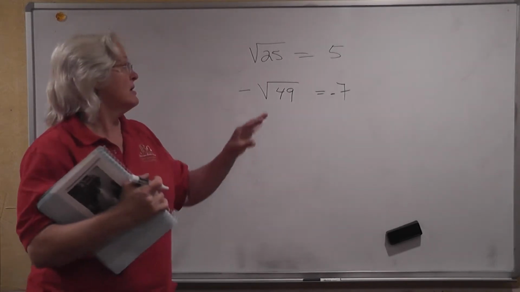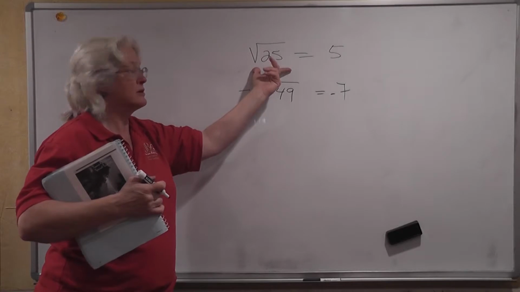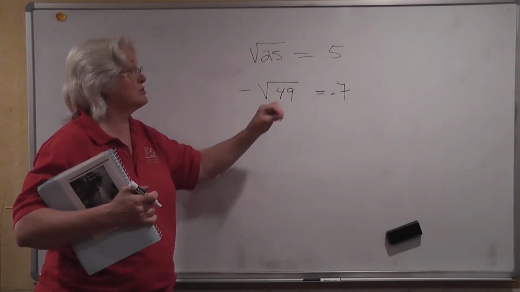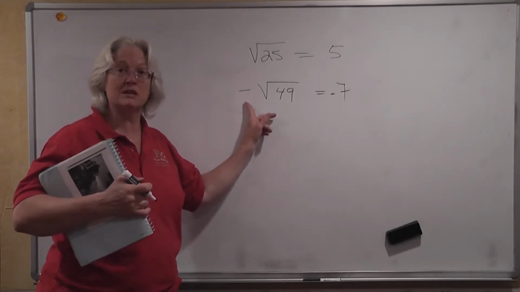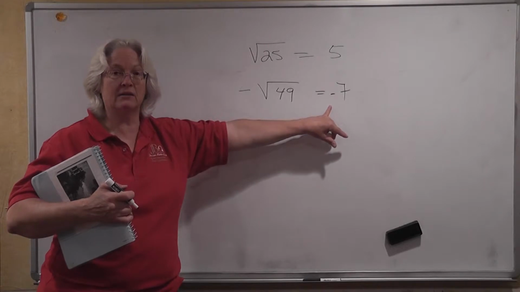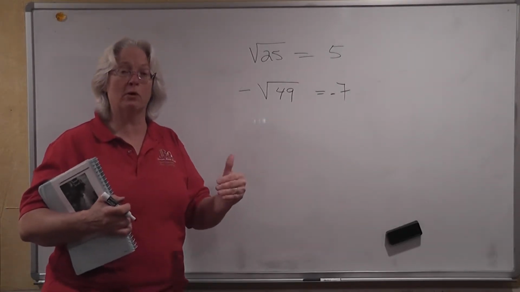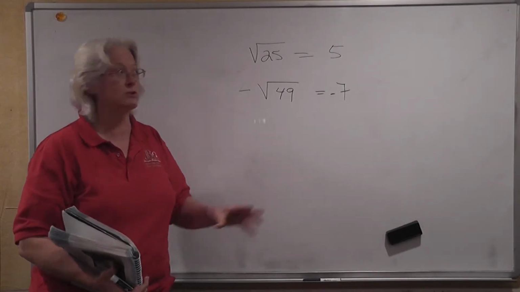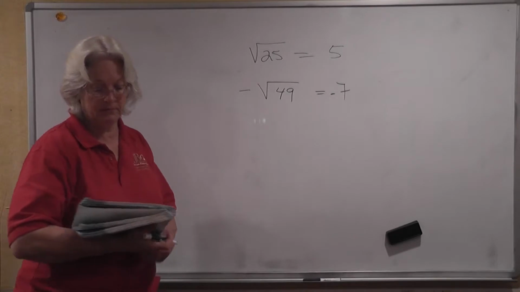And for now, just go with it. If it doesn't put a negative sign in front of it, I want you to give us the positive square root. If they put a negative sign in front of this square root symbol, go ahead and give us the negative 7. As you move on into Algebra 1, they're going to talk more about positive and negative square roots, but they're introducing this concept to you here.